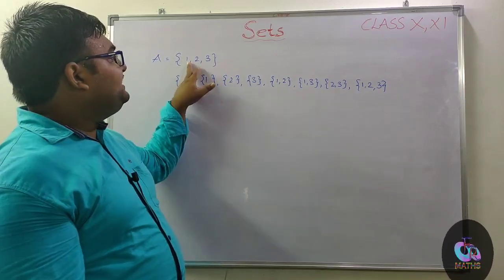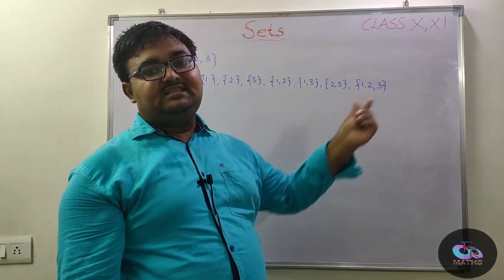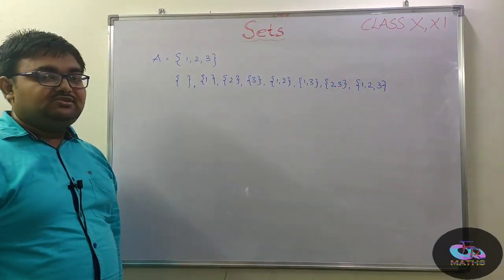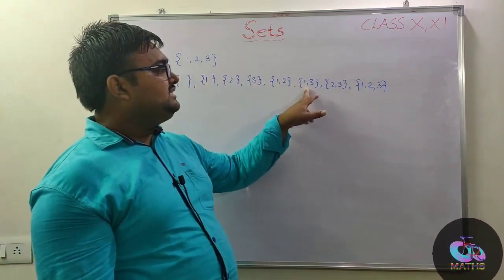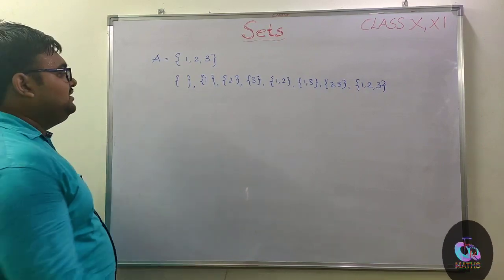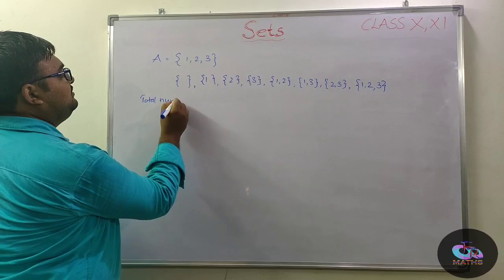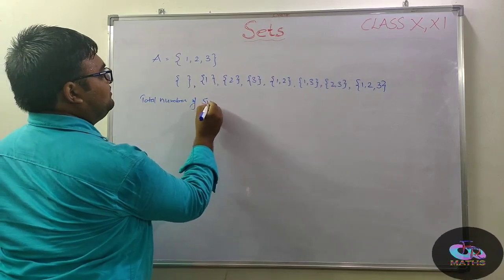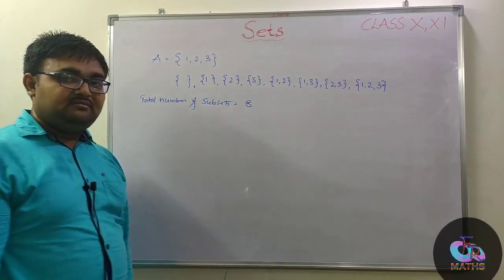Likewise, next containing 2 elements: set of 1 2, set of 1 3, set of 2 3. Next set of 1 2 3. So in total, if we count, 1 2 3 4 5 6 7 8. So the total number of subsets is nothing but 8.